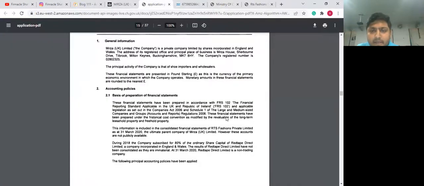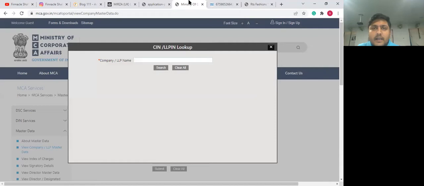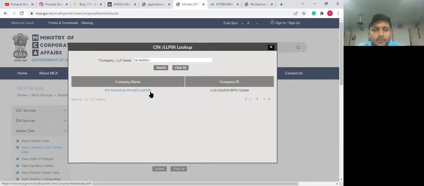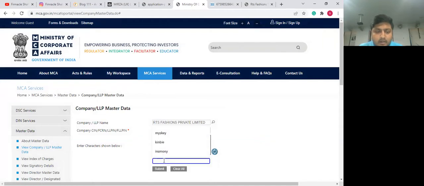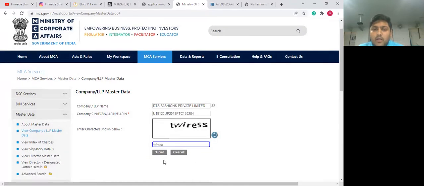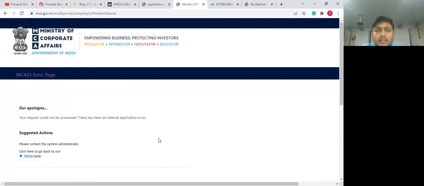The name of the company was RTS Fashions Private Limited. So let me quickly type it here. RTS Fashion. What am I trying to find out here? Whether the same guys own this parent company or not. There seems to be some kind of error.